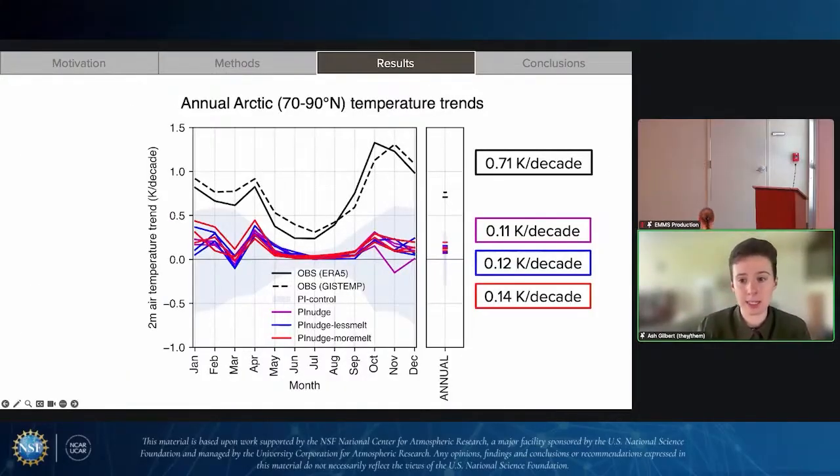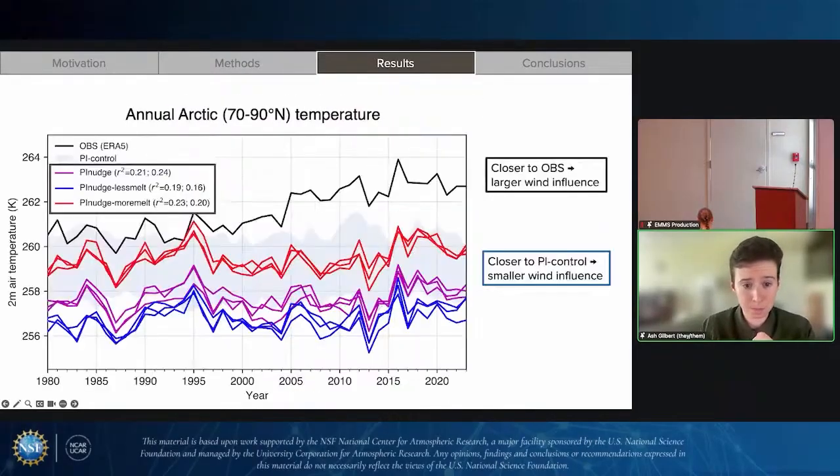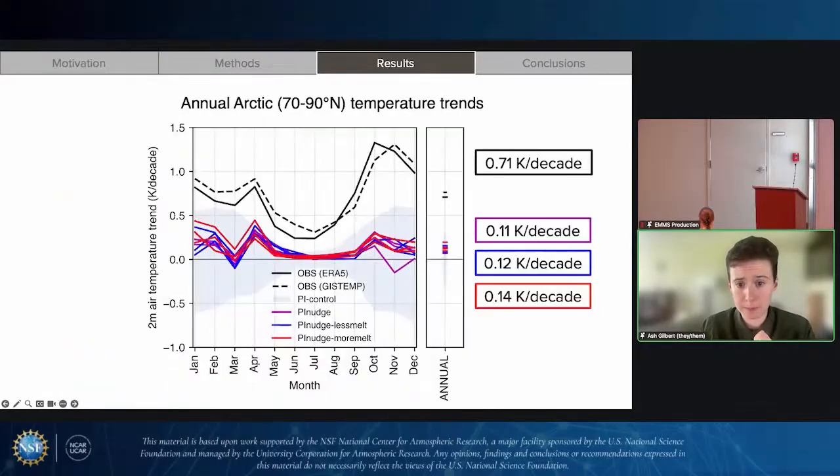And then we looked at the Arctic annual and monthly temperature trends. And again, none of these wind nudge experiments are reproducing the observed monthly or annual trend. All of these trends are within what we'd expect for a pre-industrial control.